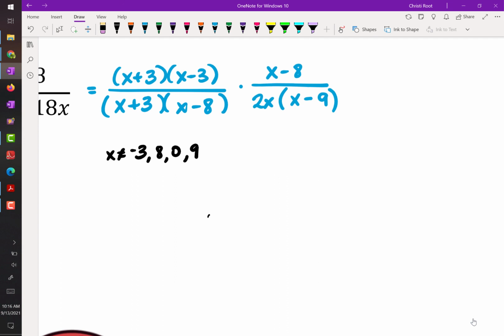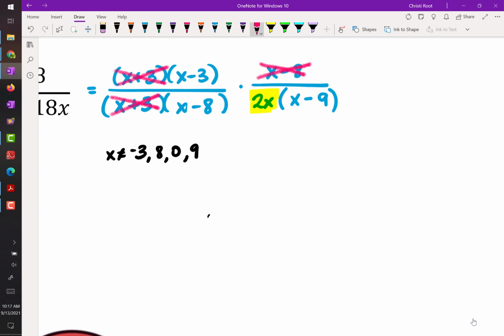Okay, for the fun part. Looks like I only have that one monomial, that 2, that x. I can't do anything, so I'm just going to leave that 2x. Now, what can I cancel out binomial-wise? Got an x plus 3 and an x plus 3 here. What else do you see?